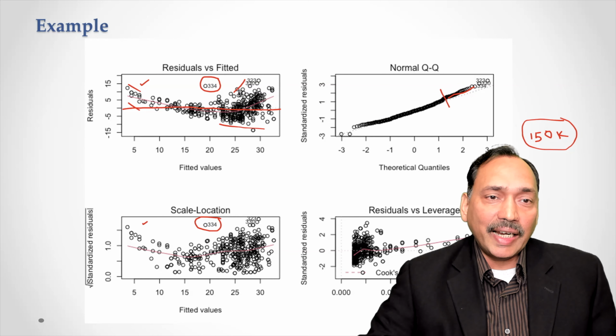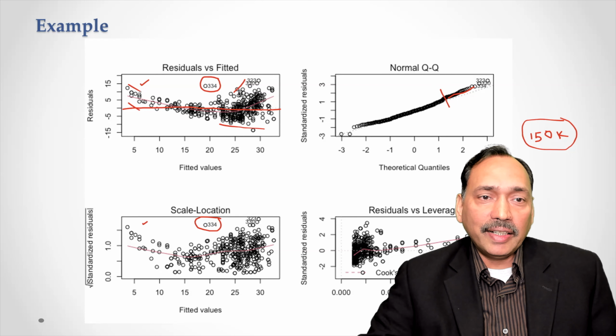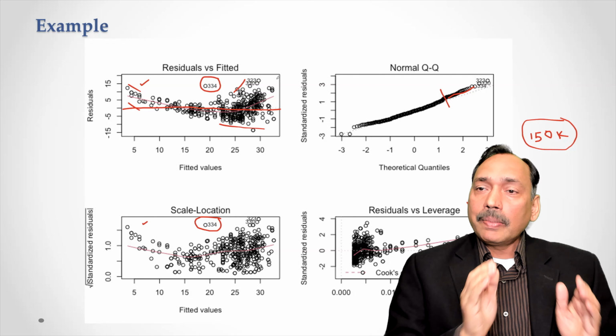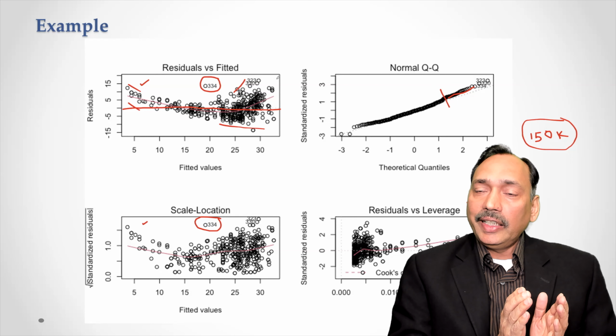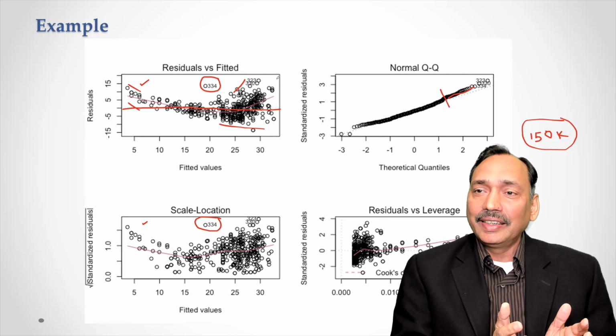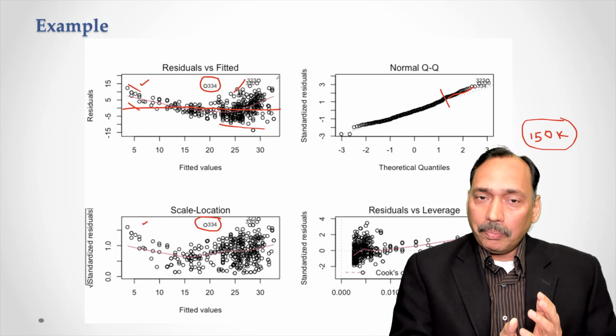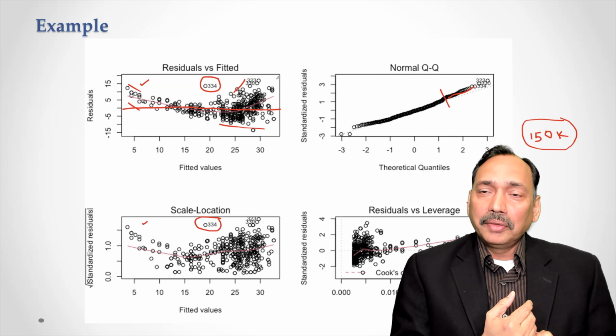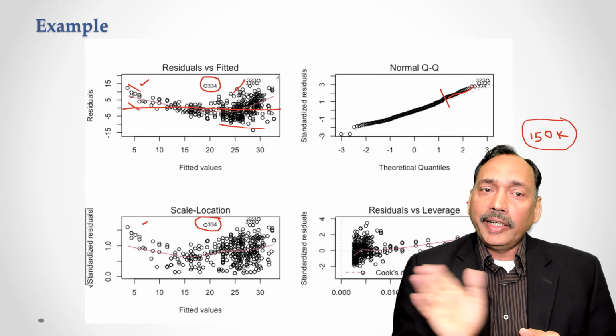The problem is that there is a very clear-cut pattern here. That means the explained part of the variability is not being explained to the best possible extent. There is a lot of potential that we have overlooked, and it has gone into the error.